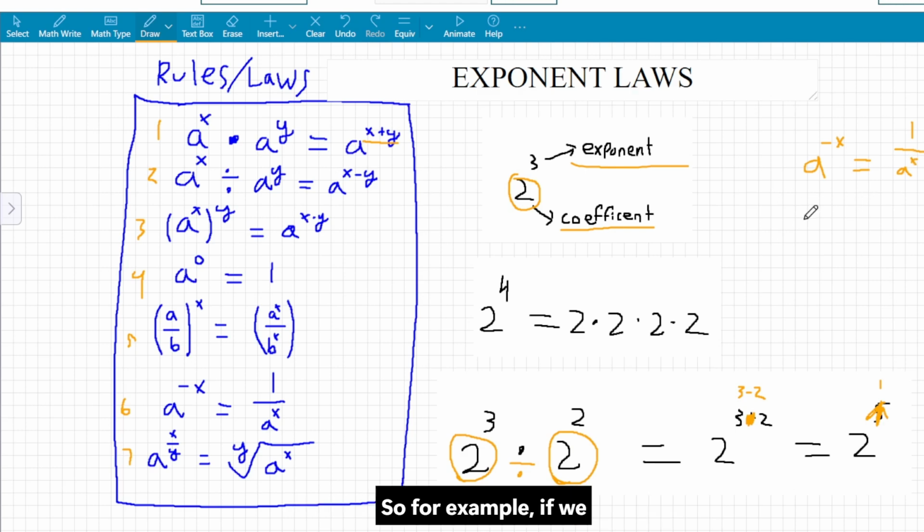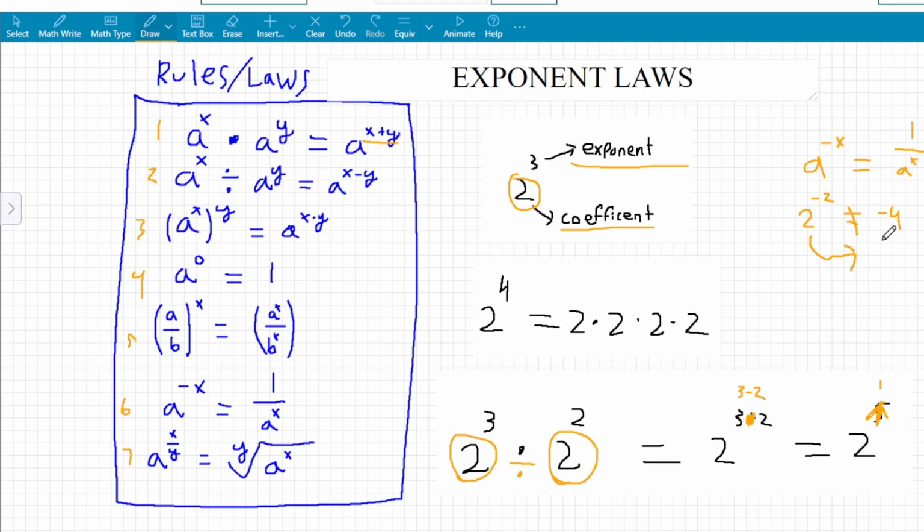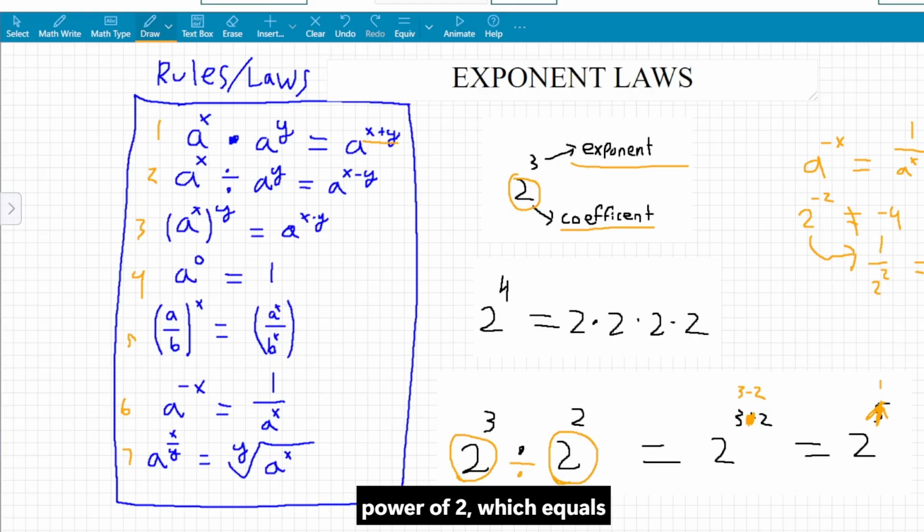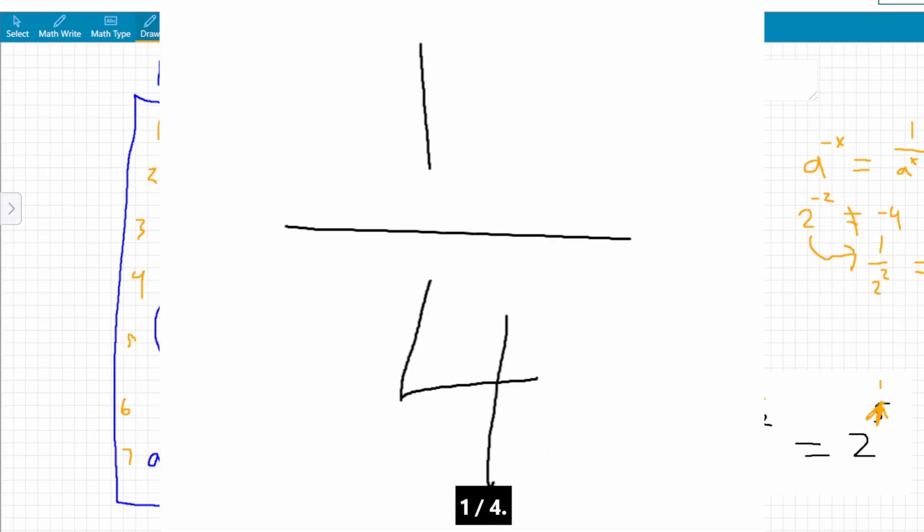So, for example, if we use the same example from earlier, 2 to the power of negative 2, instead of negative 4, we would get 1 over 2 to the power of 2, which equals 1 over 4.